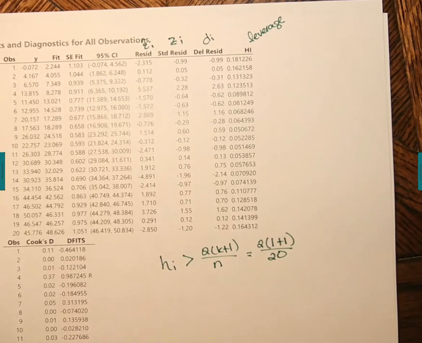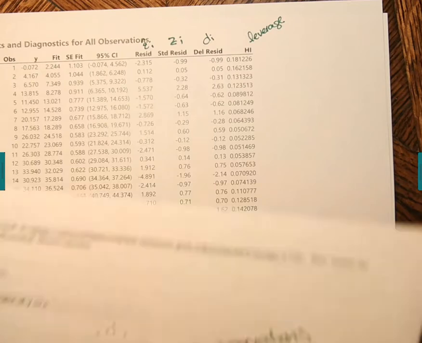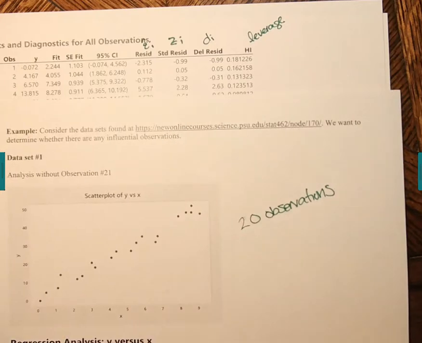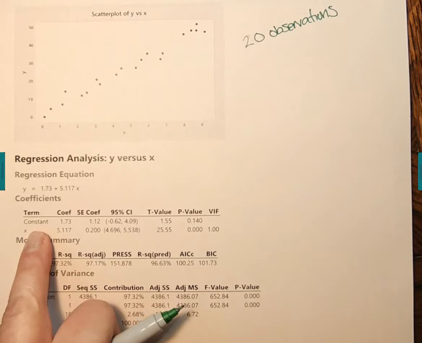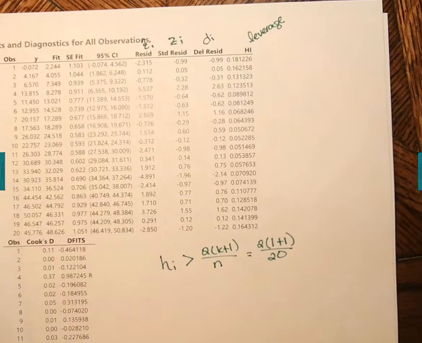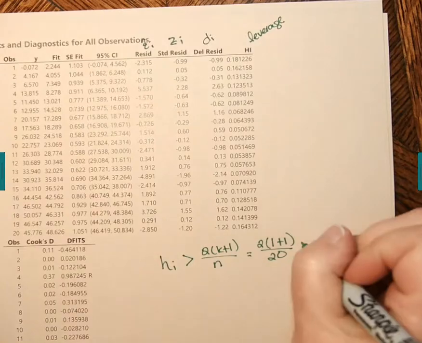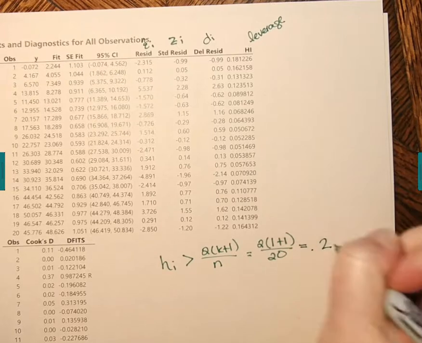And let's review, why is it that we've got k plus 1? Well, we've only got a single predictor. If we go back and look at our output here, notice we've only got a single predictor. That's why k is equal to 1. And so that is equal to 0.2.